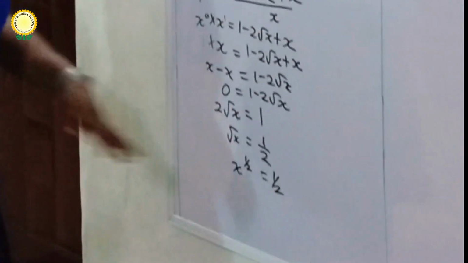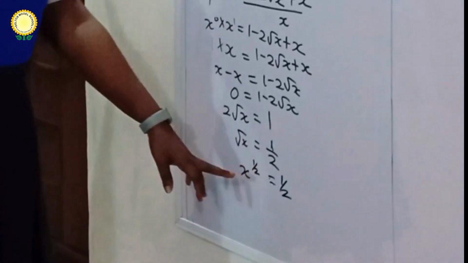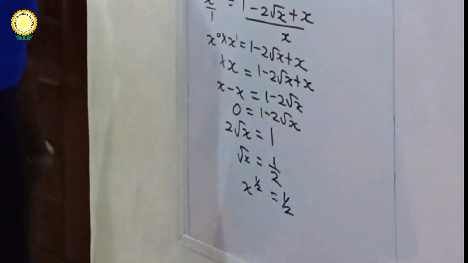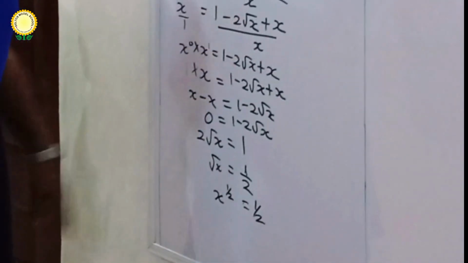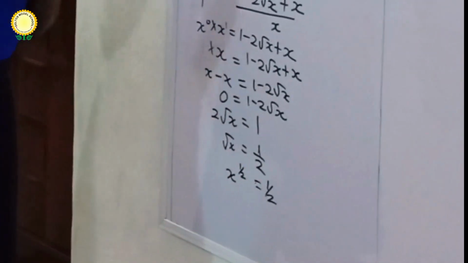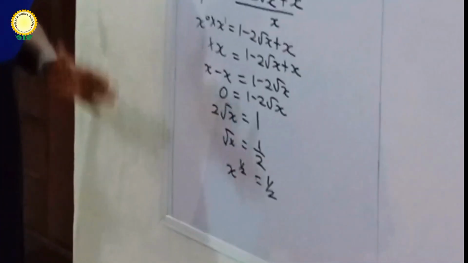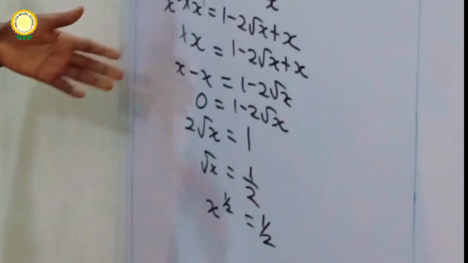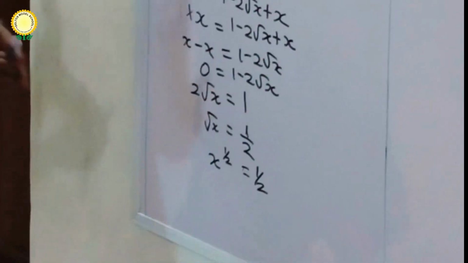Now, how do you eliminate the power 1 over 2? You can use this same method. When you square x raised to power half, you get the variable x. Okay, so you square both sides. Whatever you do to the left hand side, you do the same to the right hand side.